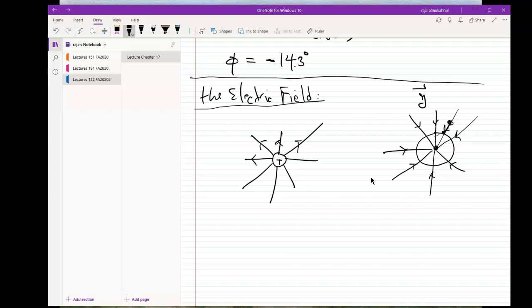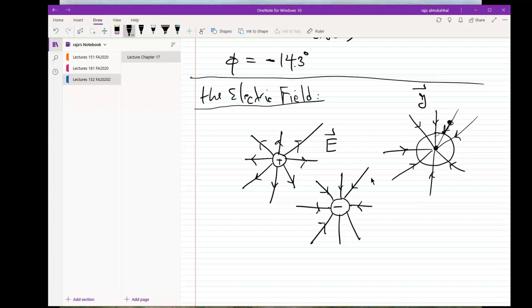Keep that in mind, this is very important: plus is outward, not downward. That's the electric field E, I'll put a vector on it like that. If it's negative, however, it's inward. It's identical to the positive field, the only difference is the direction. So this one is inward.